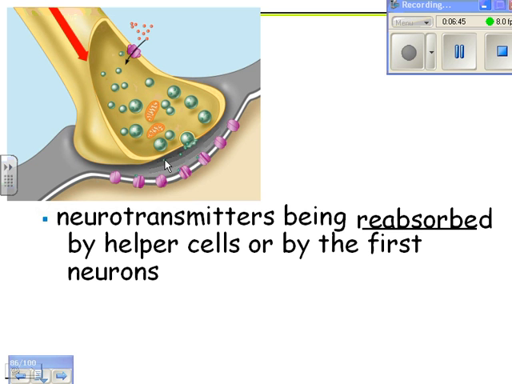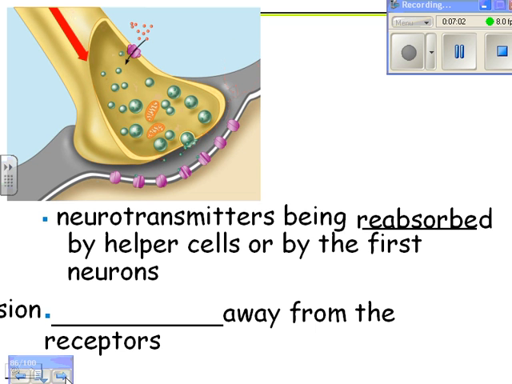Some of them will bounce back up here and get reabsorbed by the first neuron, or there might be a helper, they're called glial cells, and maybe that one will bounce and get taken up by this one. So it's called reabsorption. And then finally, diffusion away from receptors. So they'll just kind of diffuse away. Goodbye.